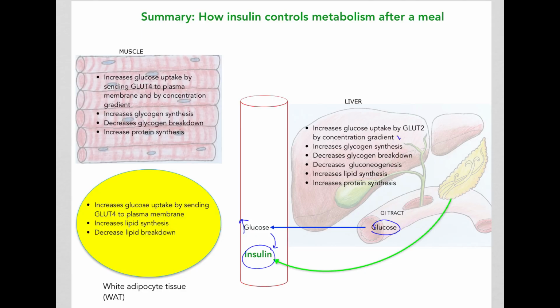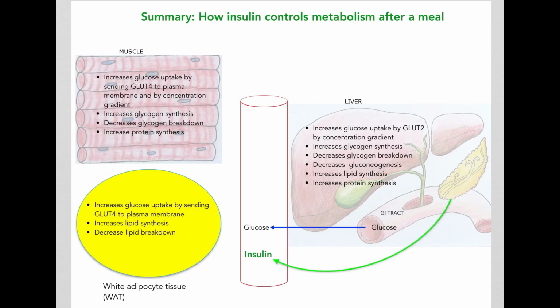It will increase glucose uptake in the liver, in the muscle, and in the adipocytes. Insulin will also increase glycogen synthesis and, at the same time, decrease glycogen breakdown in the liver as well as in the muscle.